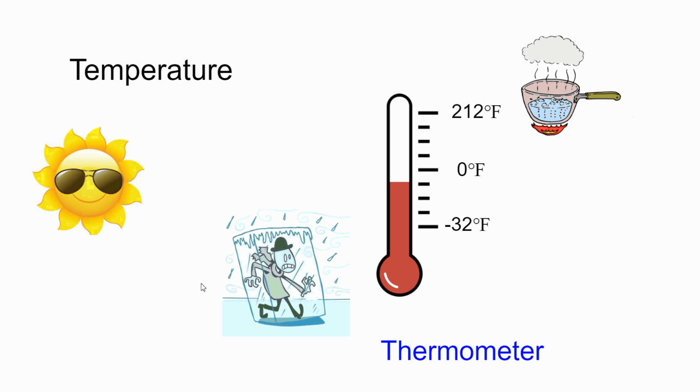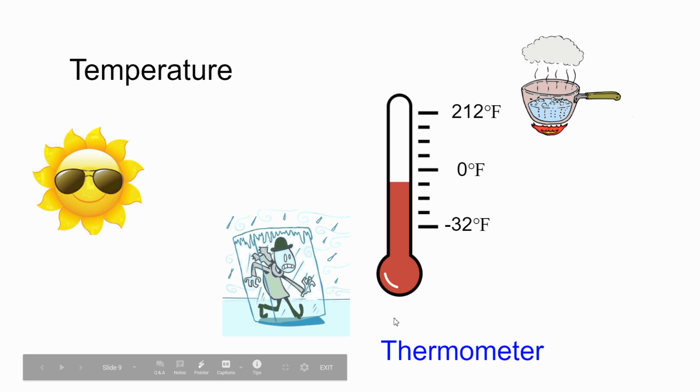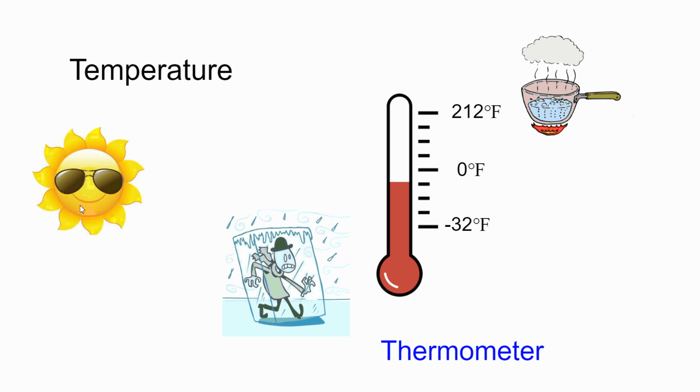Next thing we'll talk about is temperature. So we have a thermometer here, which is how we measure temperature. We have this guy in an ice cube here freezing his pants off. There's the sun cooking out. So temperature, now I notice 212 degrees Fahrenheit, and you've got a pot of water boiling, so that's the boiling point of water, if you know a little chemistry there.